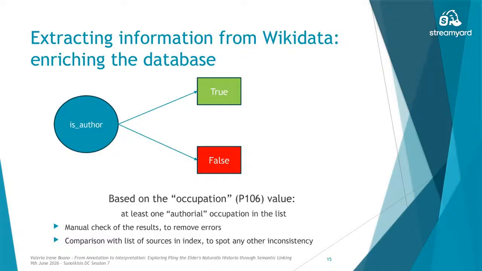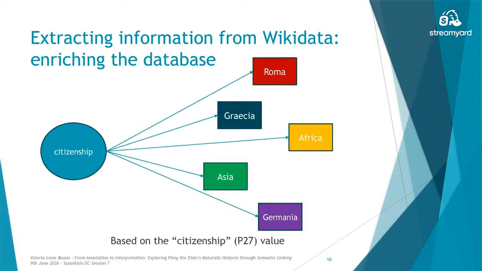This was not without errors, so at the end, I had to manually check the results, and I was also able to compare with the list of sources that Pliny himself provides in the preface, in order to spot other inconsistencies and have clean data.